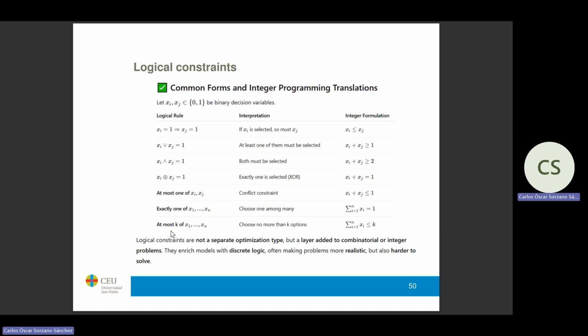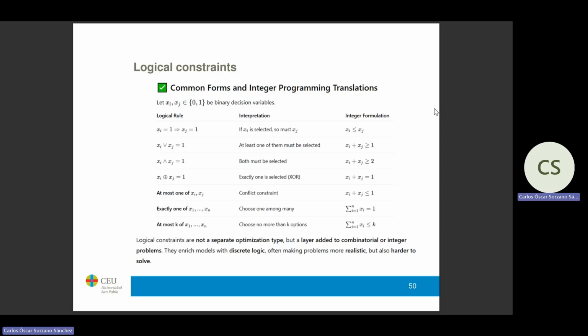Okay, then how do you formulate them? So for instance, you have 2 ways of formulating that. Let's say that you define variables that are binary. These binary variables you can constrain this way. So if xi is equal 1, then xj is also equal 1. Or if you want to formulate in an integer way, you have to say xi has to be smaller or equal to xj.